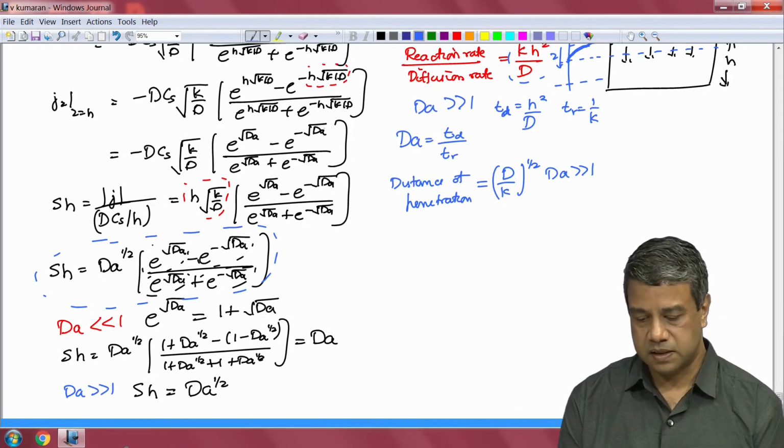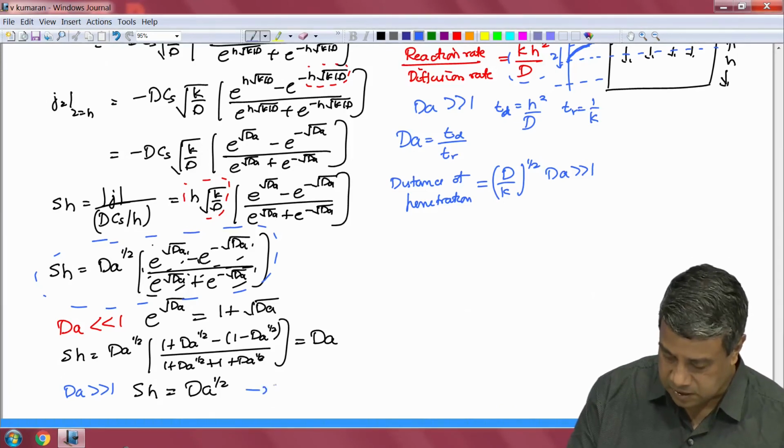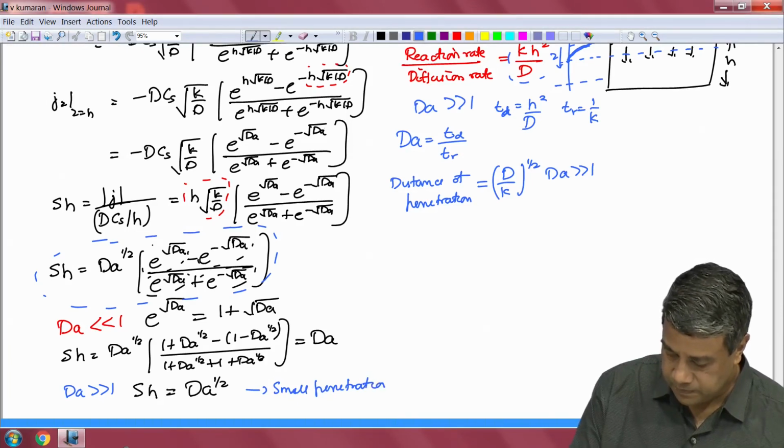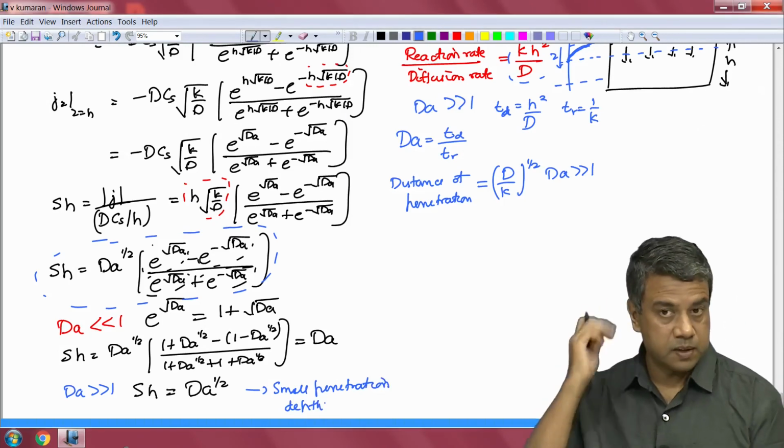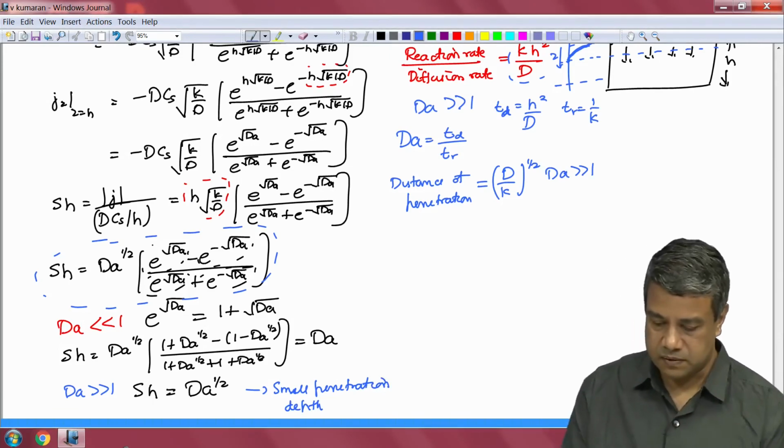And each of these is related to these different pictures. This is where the small penetration depth occurs, for Damkohler number being large compared to 1, because the reaction rate is much faster than the diffusion rate.